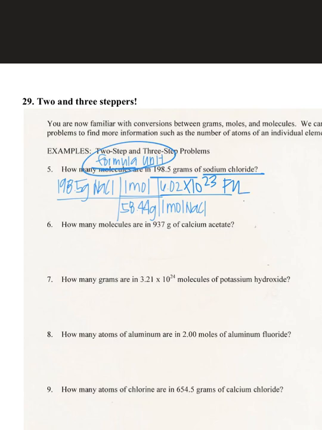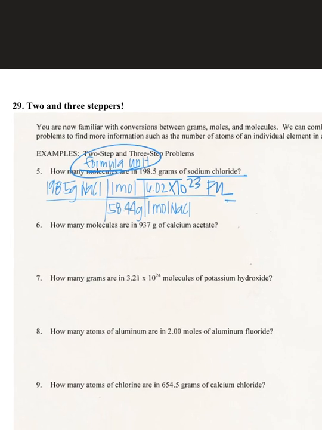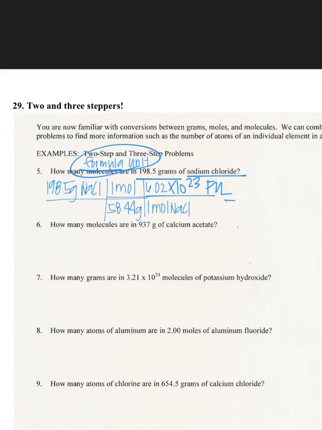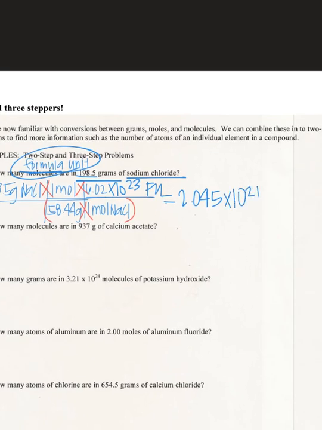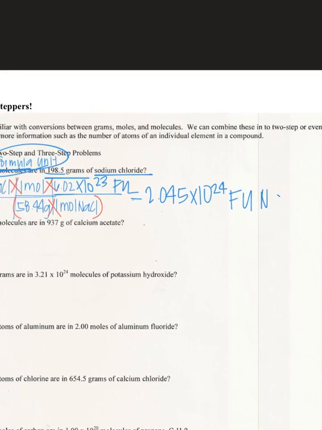I'm abbreviating, don't laugh. When I do that math, again we multiply across the top and divide by what's on the bottom, which is just itself. My answer is 2.045, because my given had 4 sig figs, times 10 to the 24th formula units of sodium chloride.